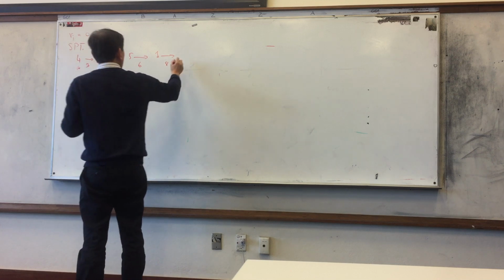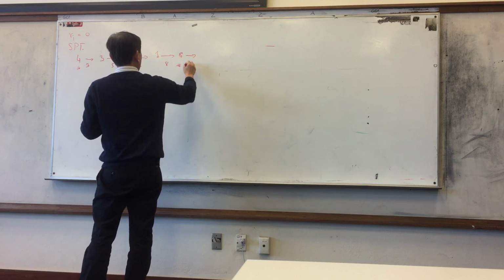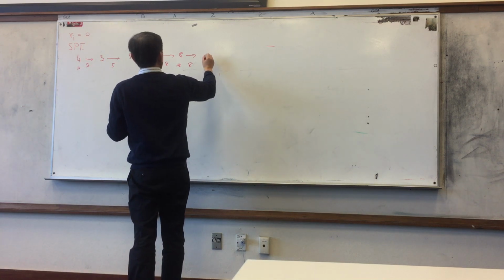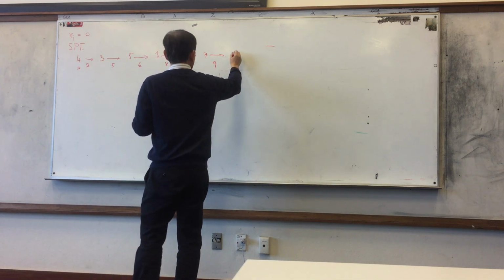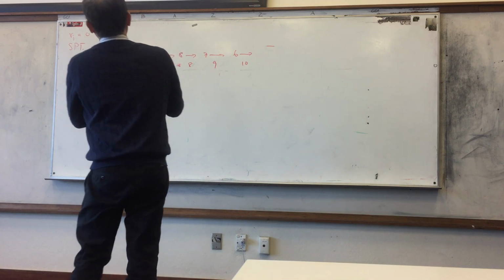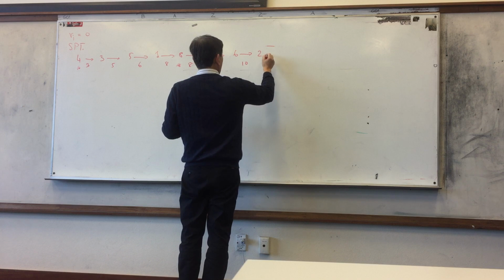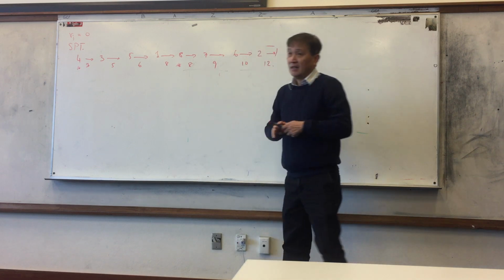Then the other also gives you 8 hours here, and 9 hours gives you job 7. Job 6 gives you 10 hours, and job 2 gives you 12 hours. This is your finishing time.